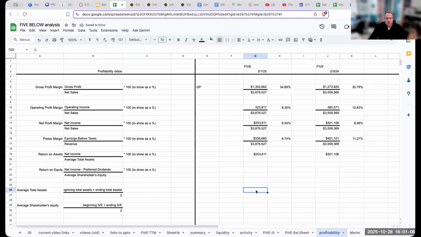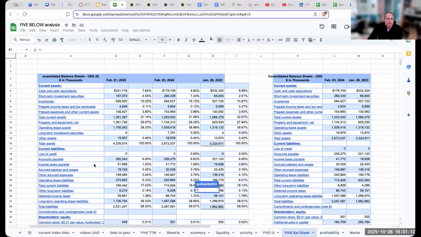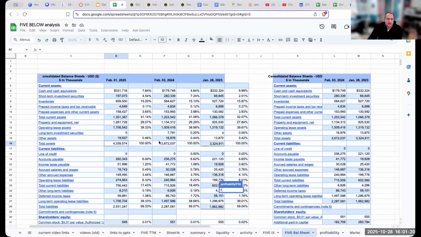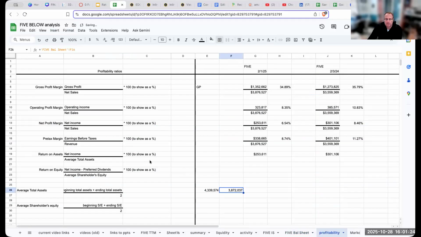So when we look at this over here, our beginning total assets on our balance sheet was 4,339,574. Our ending total assets on our balance sheet was 3,872,37. So our total assets for the 2 years are going to be 8,211,611.